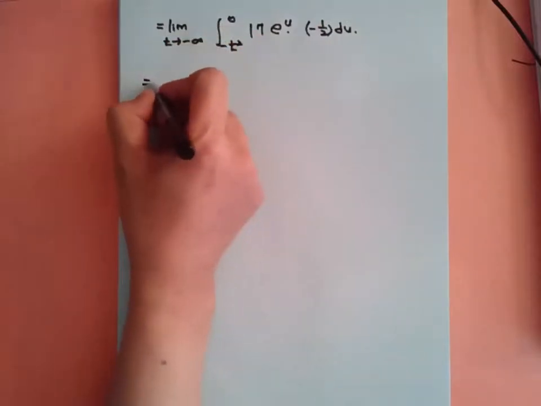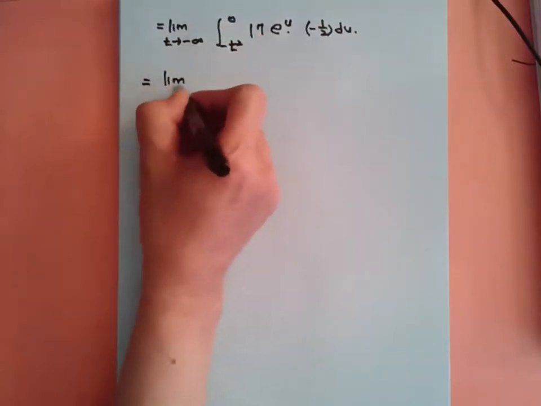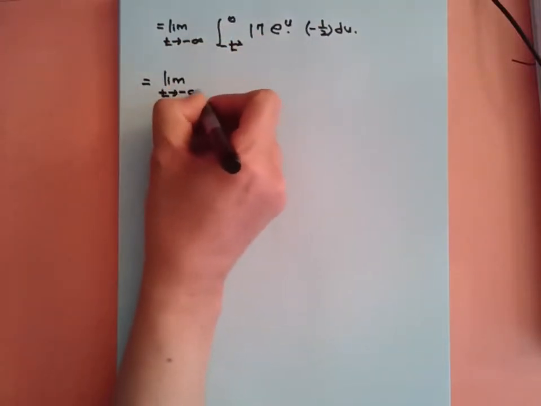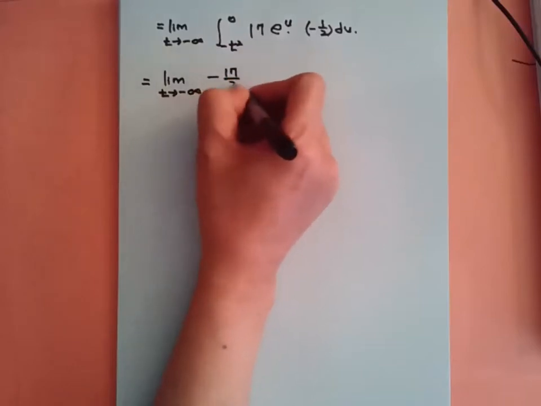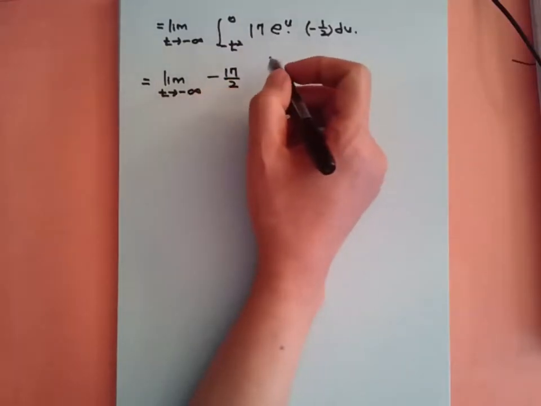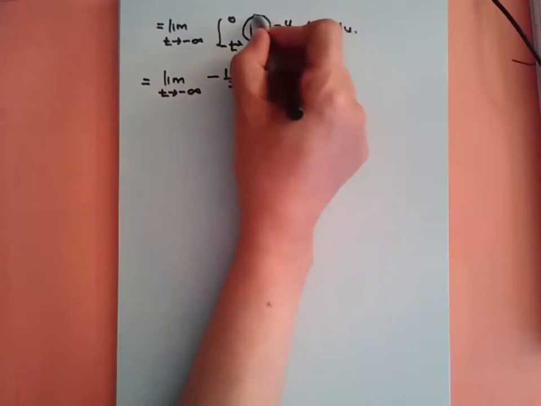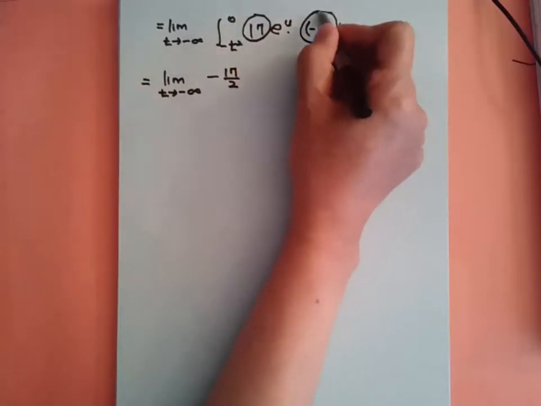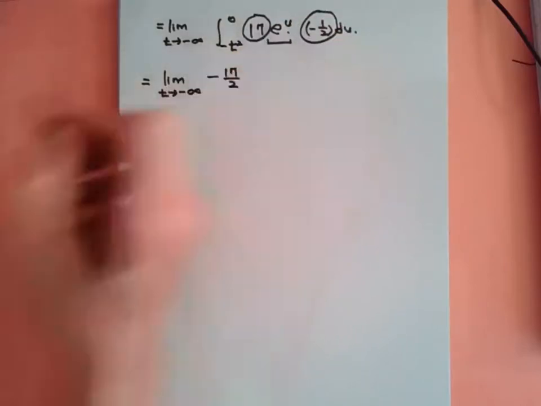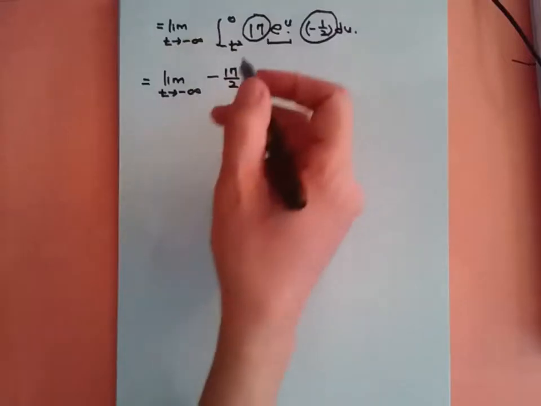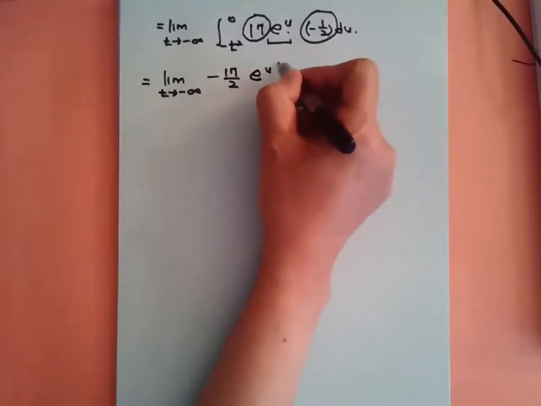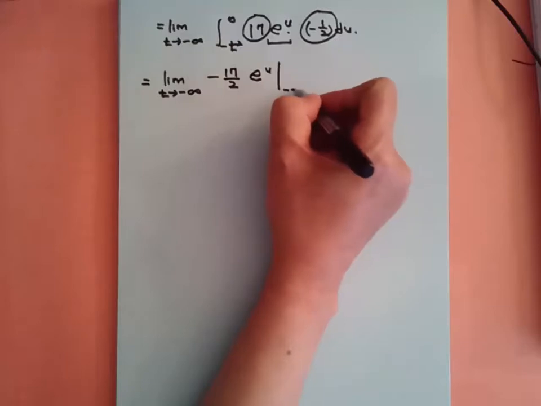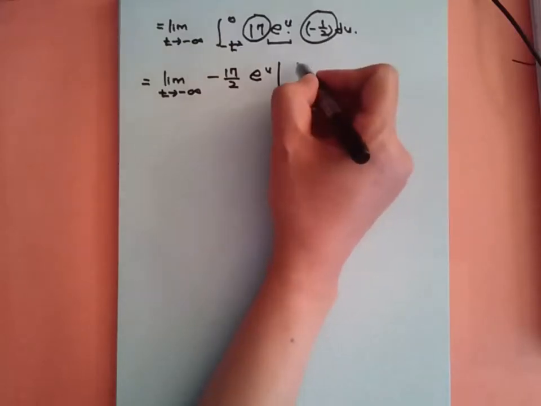So that equals the limit as t goes to minus infinity of minus 17 over 2, which I'm just pulling out, times the integral of e to the u, with lower bound minus t squared and upper bound 0.